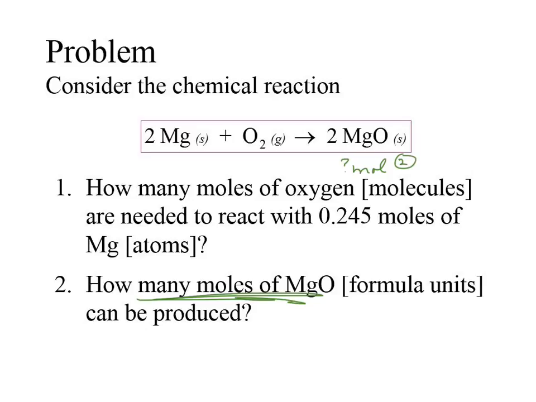How many moles of magnesium oxide can be produced? It should have gone on to say from the condition above. And by above, I mean number 1. So all this is saying is that we've got 0.245 moles of magnesium. Okay, so that's our second problem.